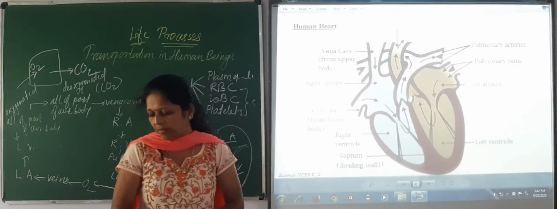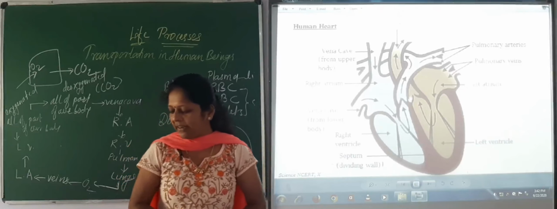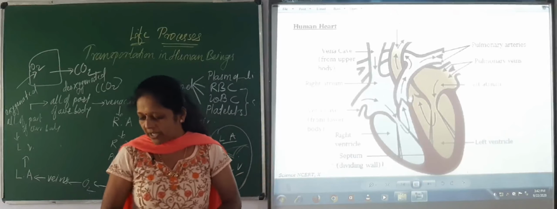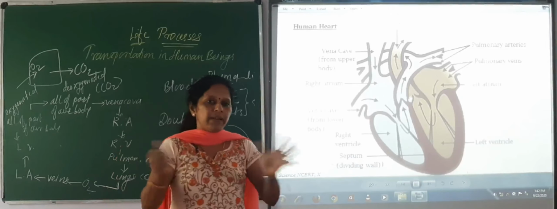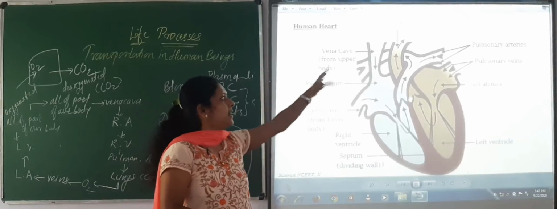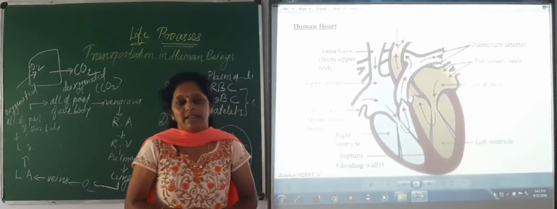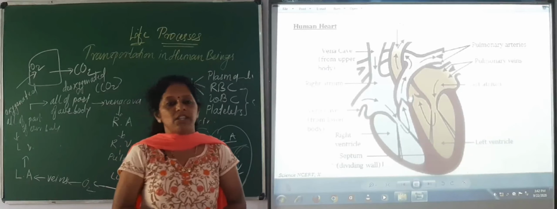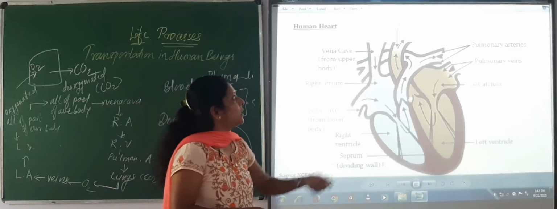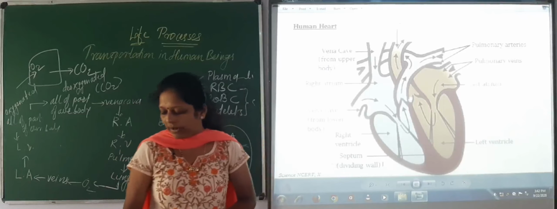So, the pressure of the blood inside the artery during a ventricular systole, that is a contraction, is called systolic pressure. Here is the blood pressure, as I told: when blood comes through the ventricle, the pressure on the arteries is called blood pressure. The ventricles have thicker walls, and the arteries' walls are also thicker than the veins.